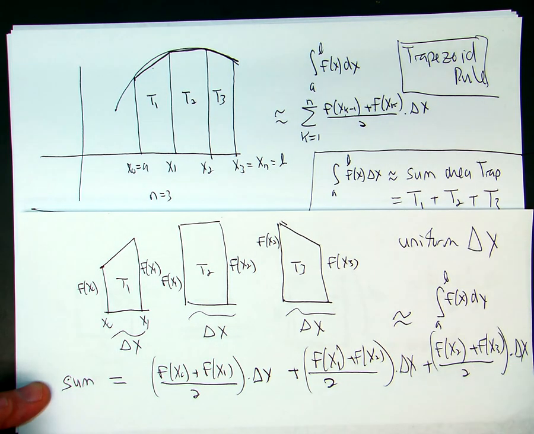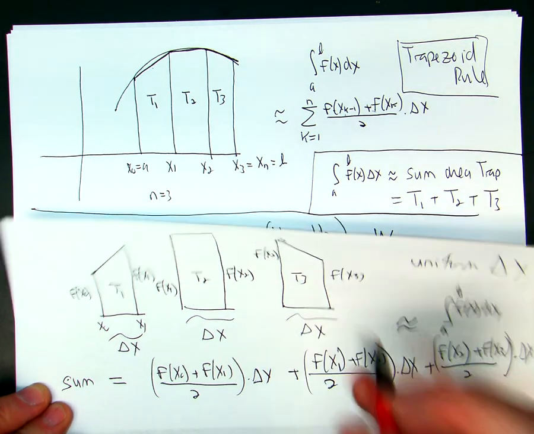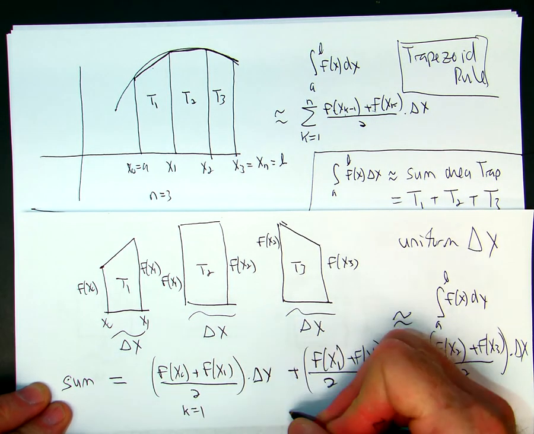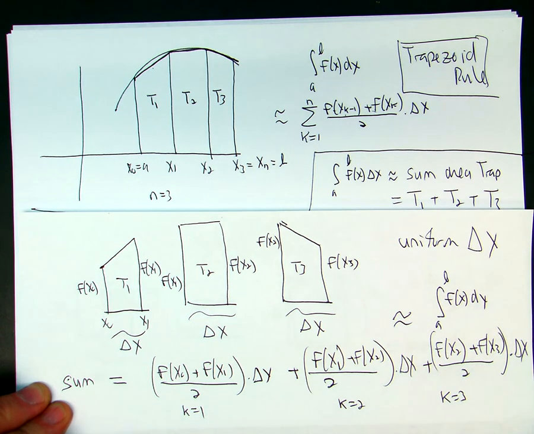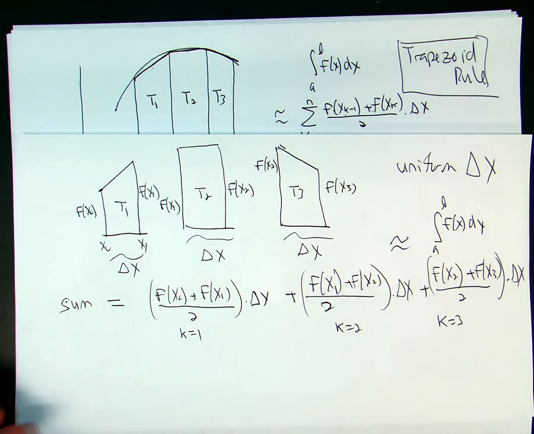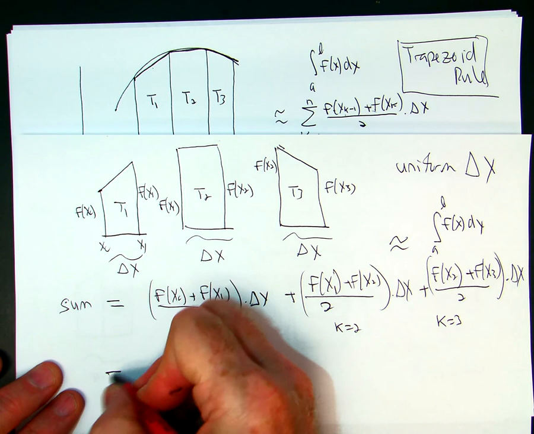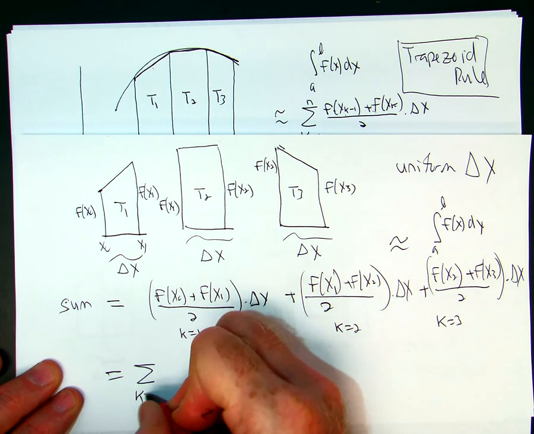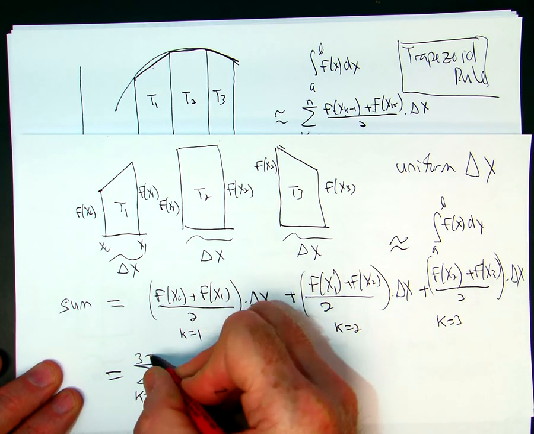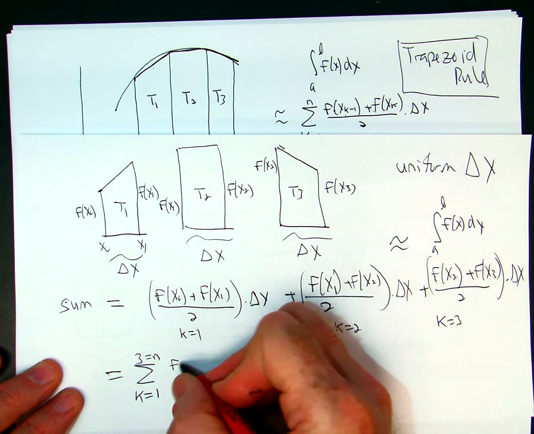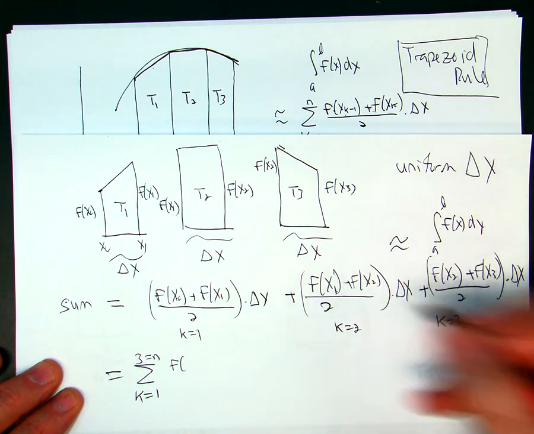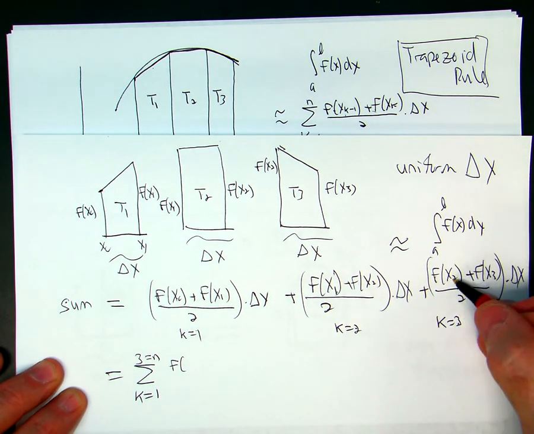Okay. Now if you look at this, and if I write this as a sum, I'm going to get exactly this. k is equal to 1, k is equal to 2, k is equal to 3. I'll write this as a sum so you can see what I'm doing. This is going to be the sum, k equals 1 to 3, which is our n. Now for k equals 1, notice we get 1 less. k equals 2, 1 less. k equals 3, we get x2, 1 less.